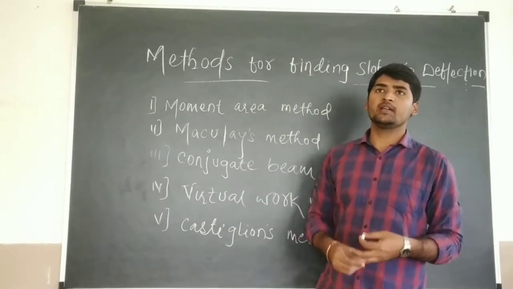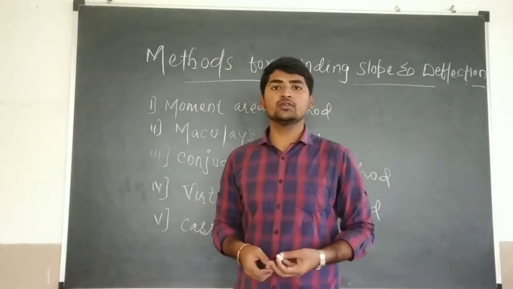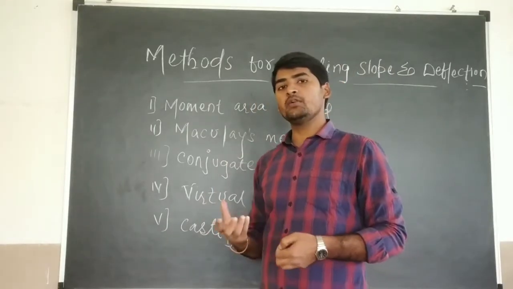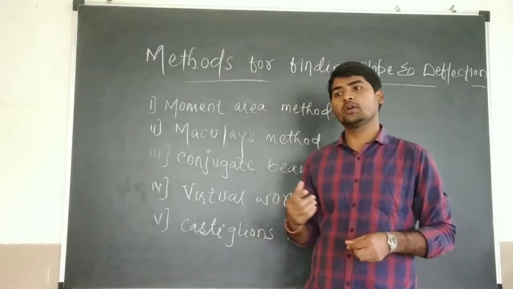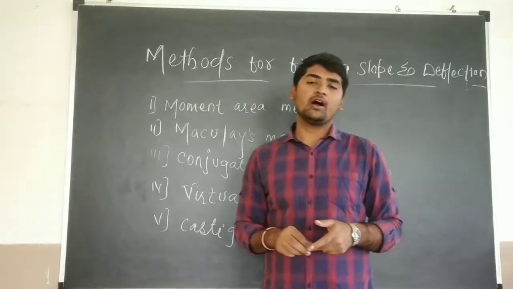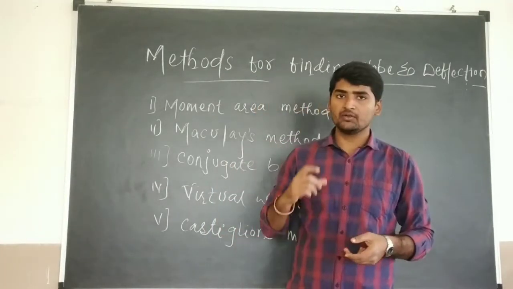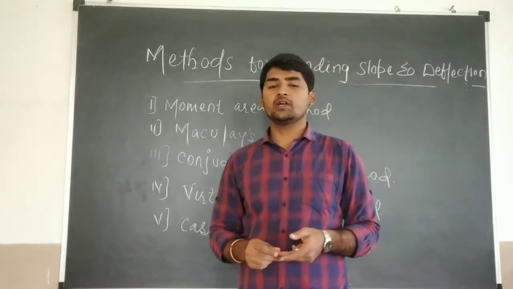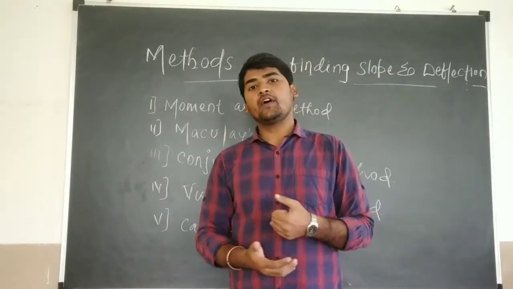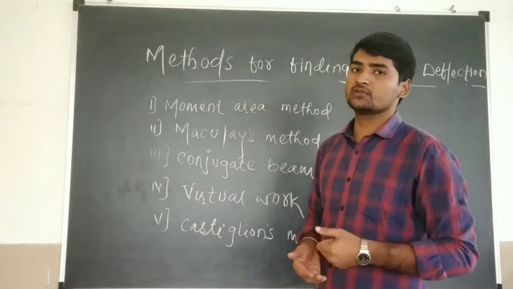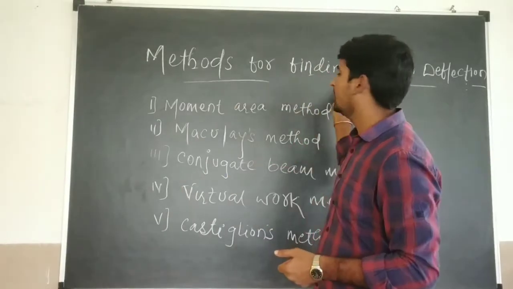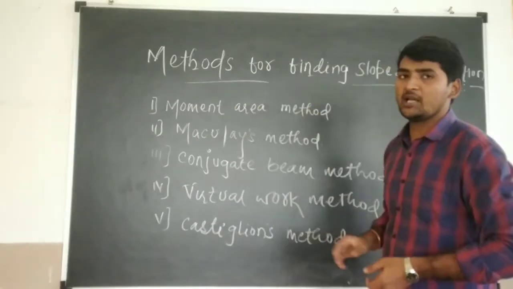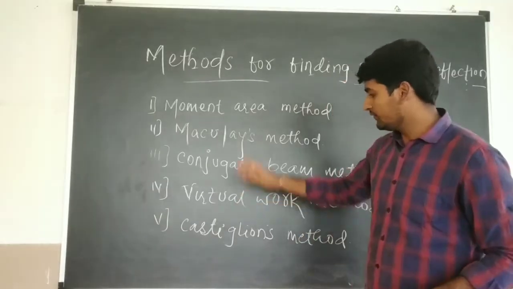For a given beam, if I ask you to find out the amount of deflection under a given load, how will we find such amount of slope and deflection? For finding out slope and deflection, we have various methods to solve such problems.